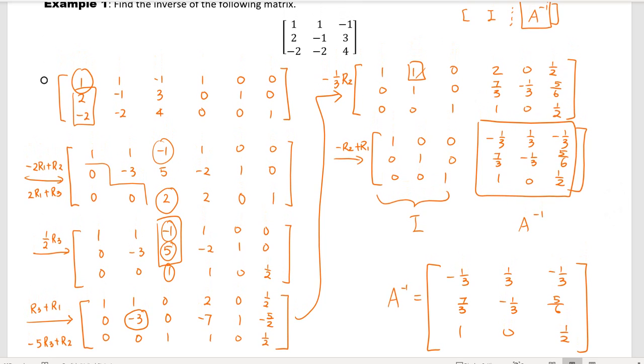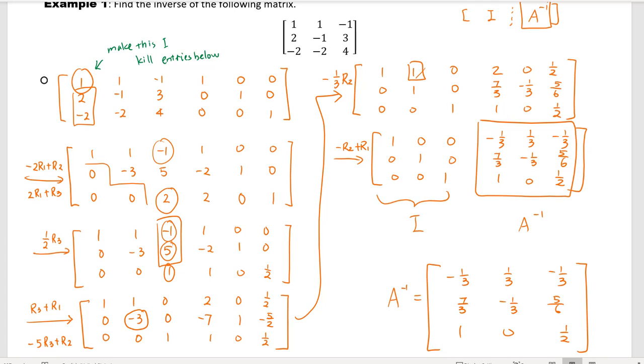We first get, if A is a 3x3 matrix, we want to get a 3x6 matrix. We use A adjoined with the identity matrix. And the first thing we do is make the 1,1 entry 1, and then kill the entries below it.